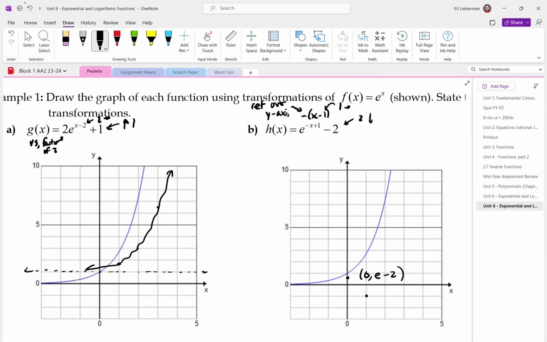The last point, negative 1 comma 1 over E, becomes... Did you already place this one? Go ahead and write the coordinates of that last point.